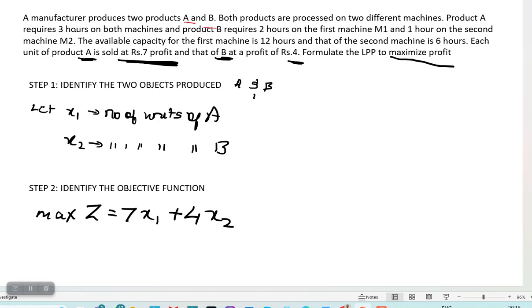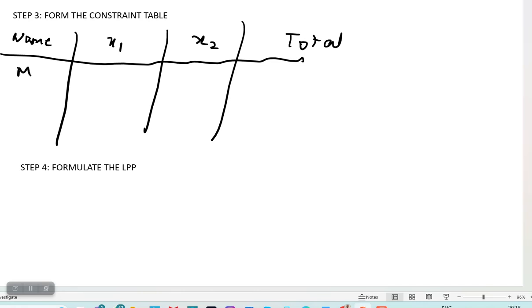Product A requires 3 hours on both machines and product B requires 2 hours on the first machine M1 and 1 hour on the second machine M2. So our machines M1 and M2 will be our constraint names. So this name is M1, this name is M2.